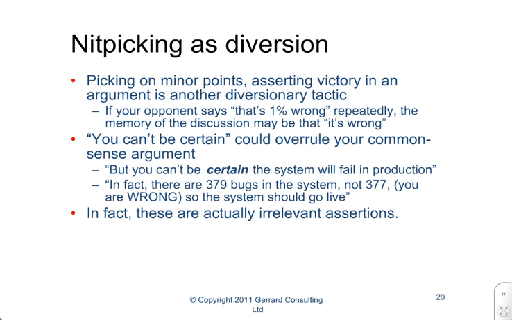So let's have a look at nitpicking. Now, nitpicking is often quoted, isn't it, as a skill that's necessary for testers, but I'm not really talking about that in this context. I've seen nitpicking diversionary tactics mostly deployed when a team is under a great deal of pressure.